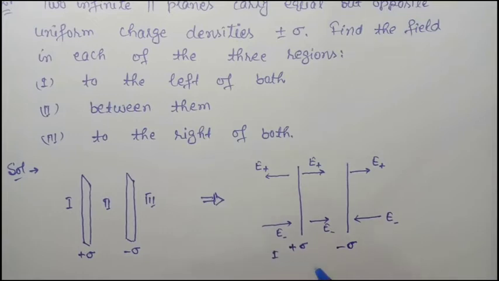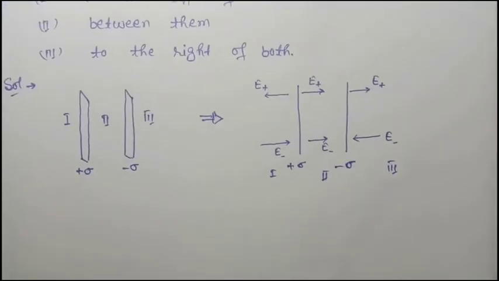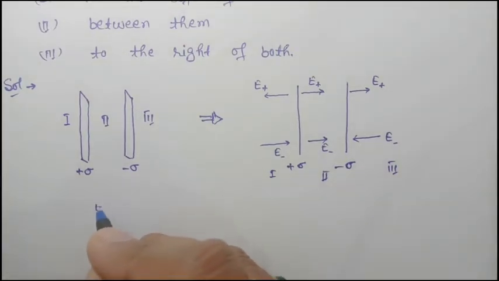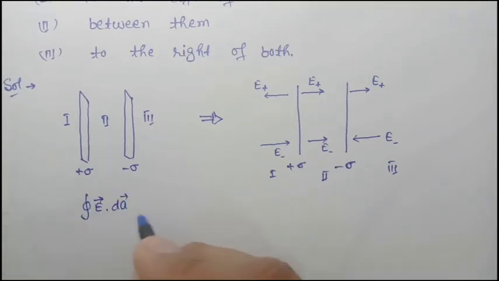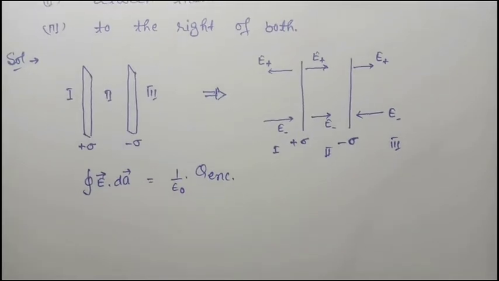Again we have, this is the first region, this is the second region, and this is the third region. Now here, according to Gauss law, the integral of E dot dA is equal to 1 over epsilon naught times total charge enclosed. So here in the case of a plane we have a pillbox, and in the case of the pillbox the area is equal to 2A.